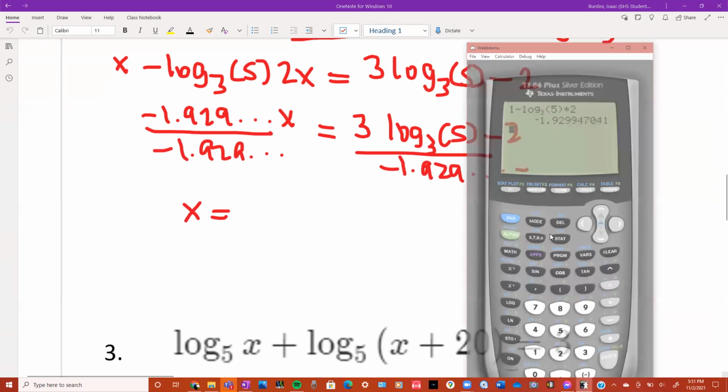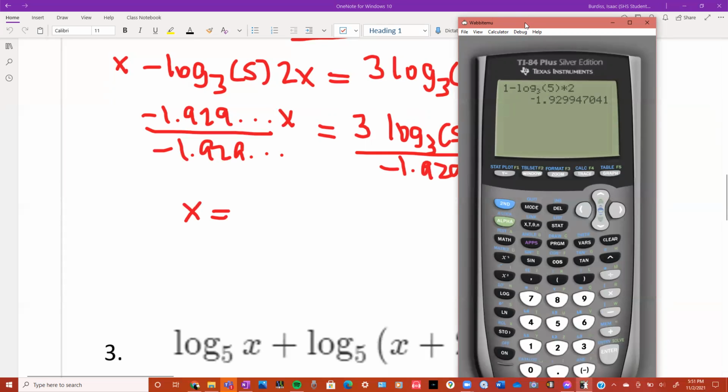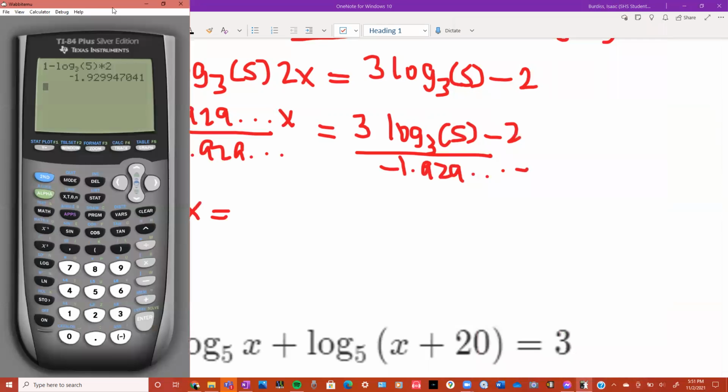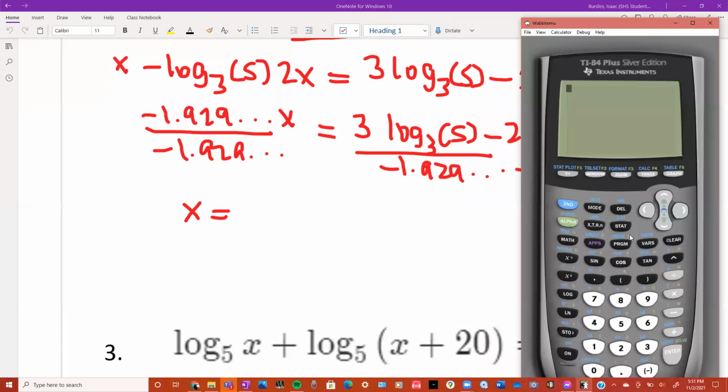So we go into the calculator. And we need to do, let's make it simpler and have a fraction. So alpha y equals is how you do that.